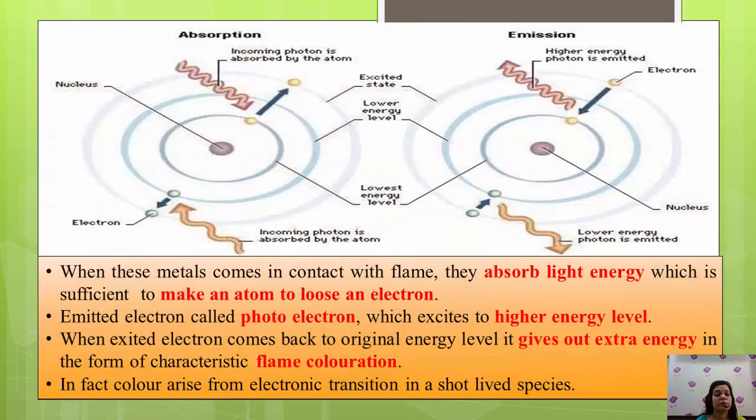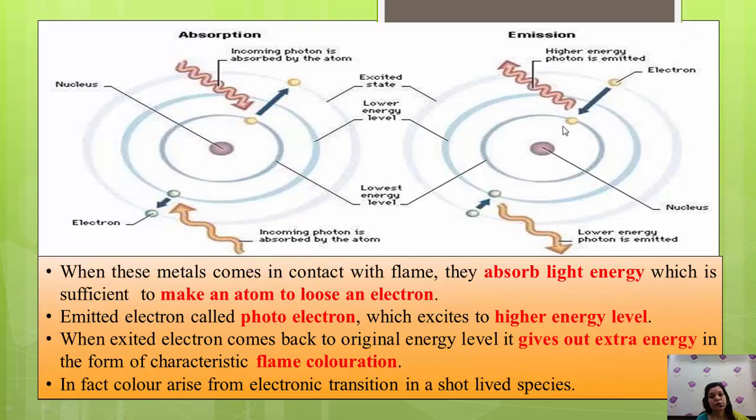So what actually takes place at the atomic level? We'll see in detail. When a metal comes in contact with the flame, it absorbs energy, and the absorbed energy is utilized to excite an electron, which moves to a higher energy level.